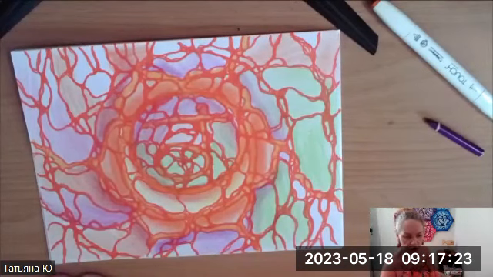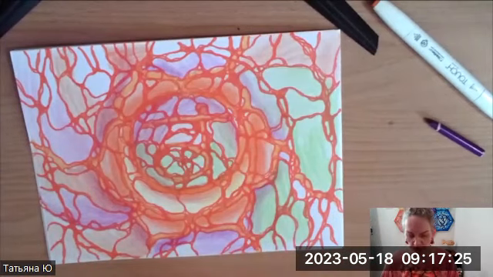Okay, so I think I will try to use red to make a few lines.